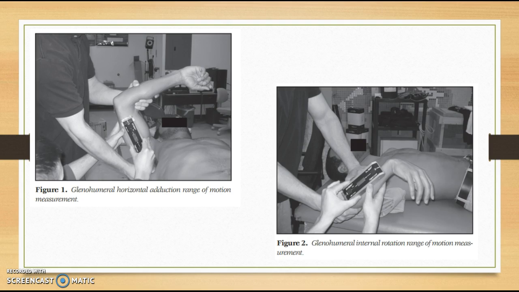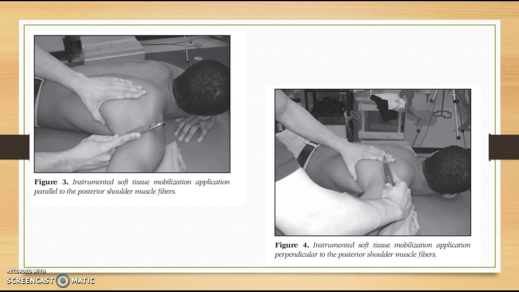It's important to note that the time between pre-test and post-test measurements for both groups was 90 seconds. So what they would do, they would take a measurement, then they would do the Graston's technique.